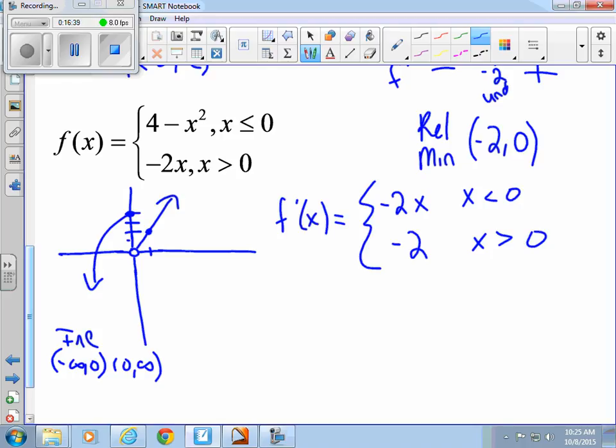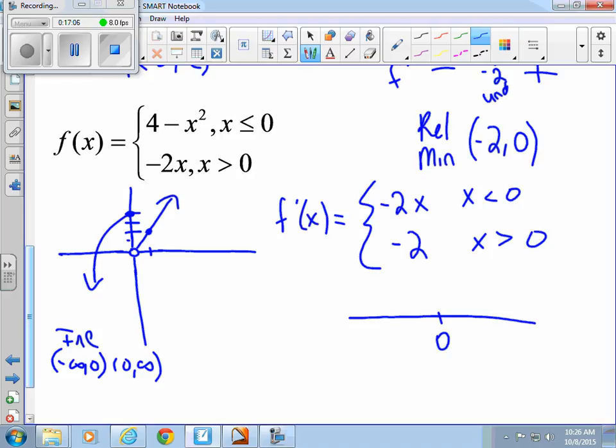So would you agree that means that at 0 I have a critical point? Everyone agree? You also would look at each individual graph and set those equal to 0. Well, it turns out that one equals 0 at 0. Nothing fancy about that, right? So it is a critical point at 0, but not for that reason.